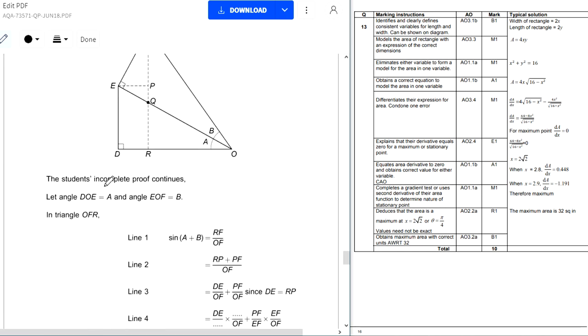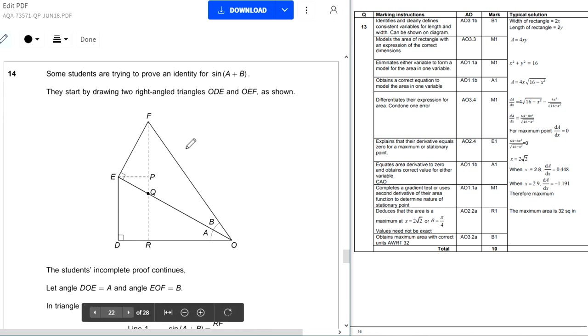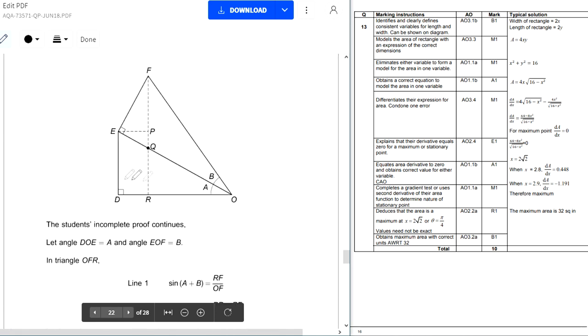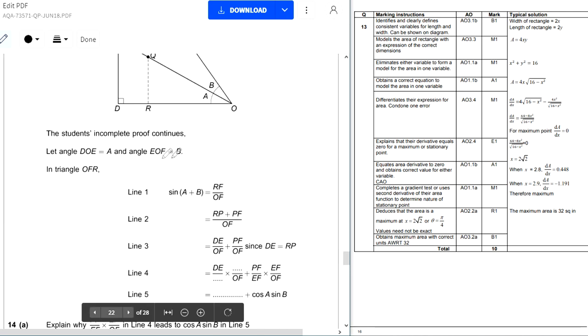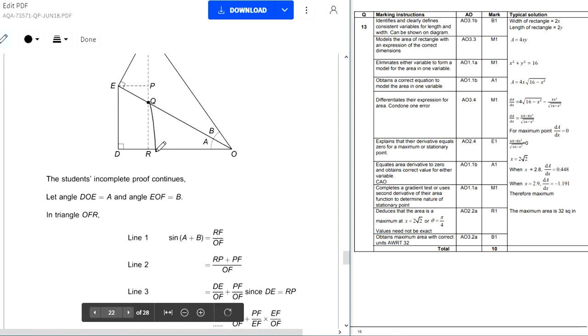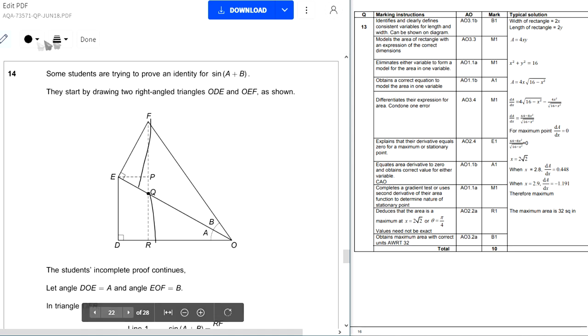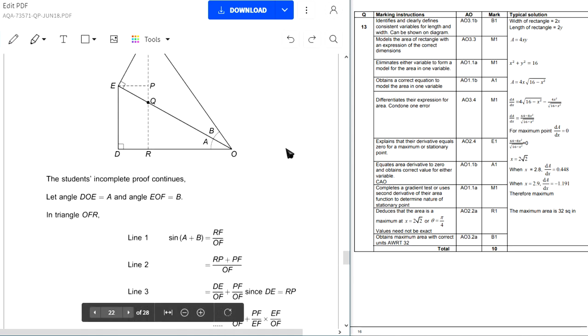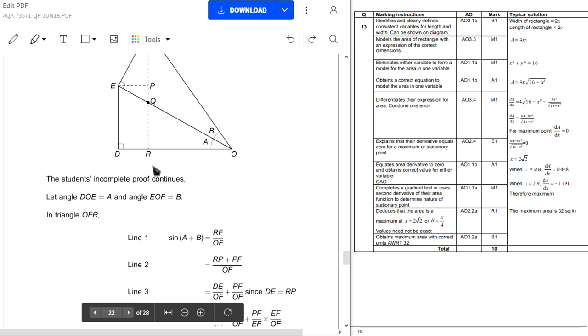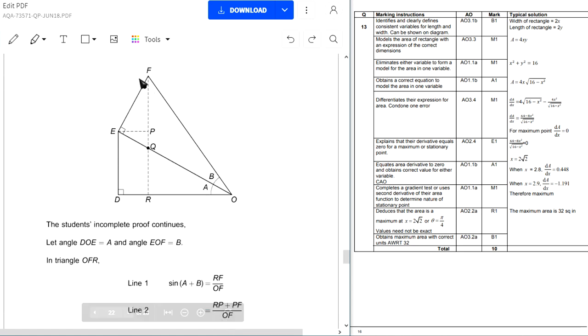Let DOE equal A and EOF equal B. In triangle OFR, sine of A plus B, so that's this plus this, is RF over OF. So that line is RF over OF.